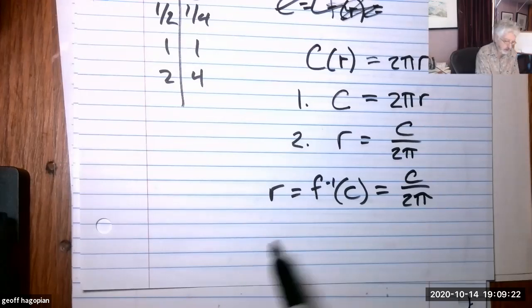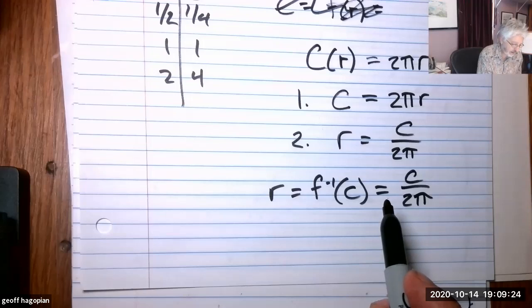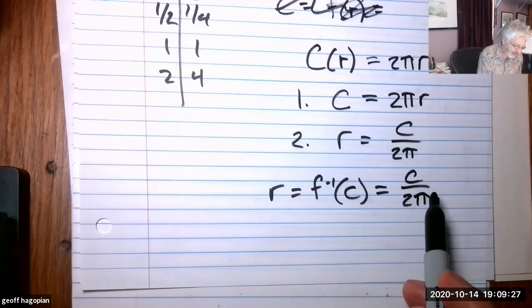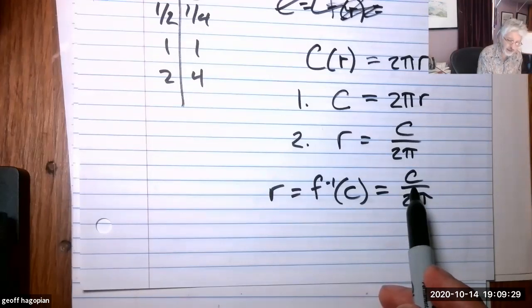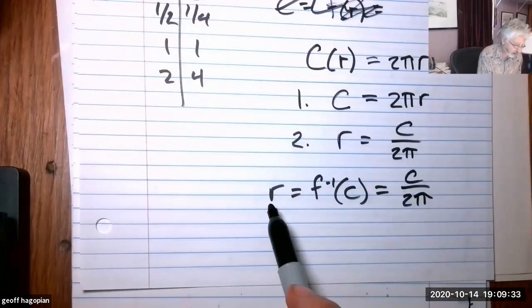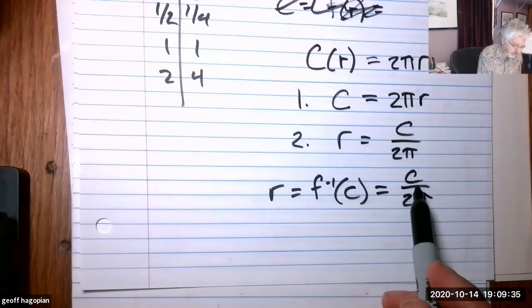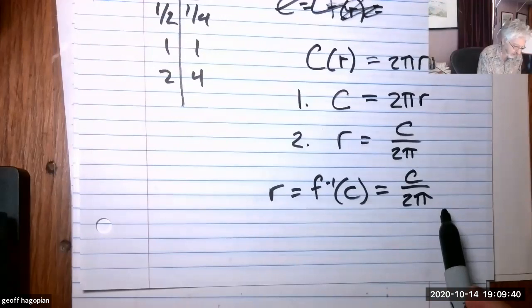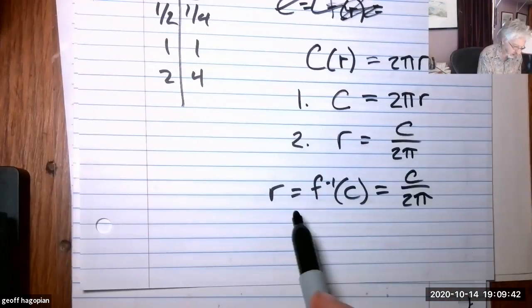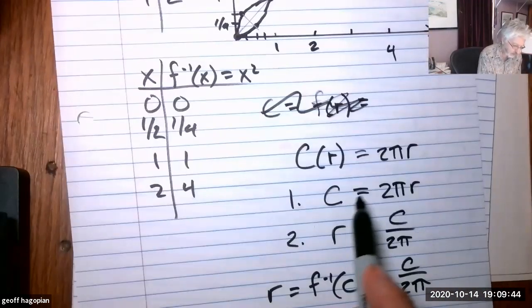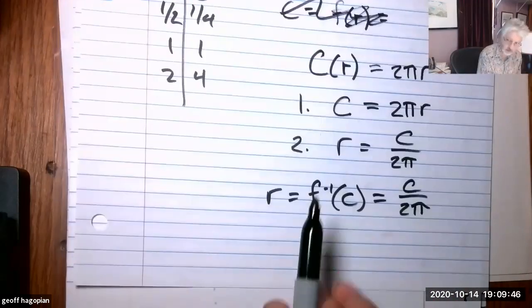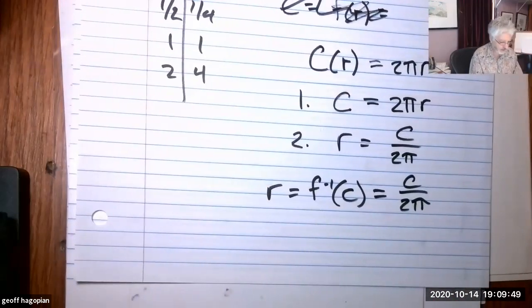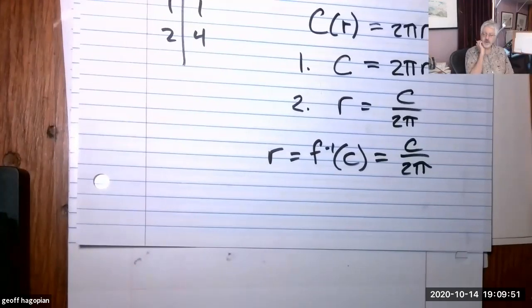Would it make sense to switch c and r here? Well, it's problematic, isn't it? Because r represents radius and c represents circumference. So if I were to say c equals r over 2 pi, you might think, well, if the radius is r, then the circumference is r over 2 pi. But no, that's the inverse function. So if x and y are just abstractions, it's like what I said about cats and dogs, right?